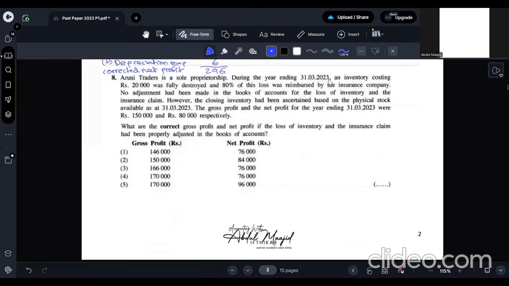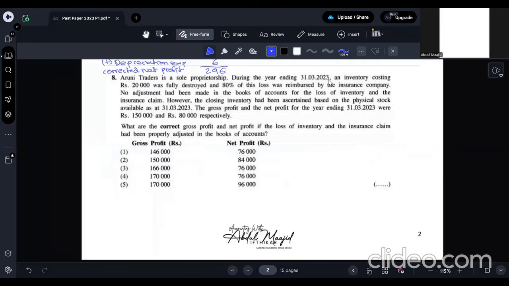Aruni Traders is a sole proprietorship during the year ended 31st March 2023 and inventory costing 20,000 was fully destroyed. Okay. And 80% of this loss was reimbursed by the insurance company. No adjustment have been made in the books of account for the loss of inventory and the insurance claim.